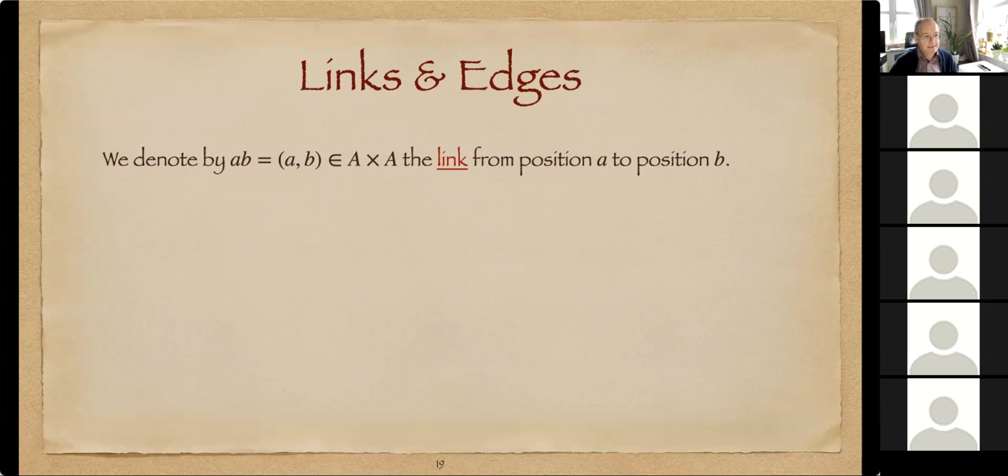So it is the pair A, B, where A precedes B, and you can also abbreviate that to simply writing AB. So AB from now on is the pair A, B, where A precedes B. So there's a direction. I go from A to B, and that's exactly how we interpret that. I go from position A to position B. That is described by AB.